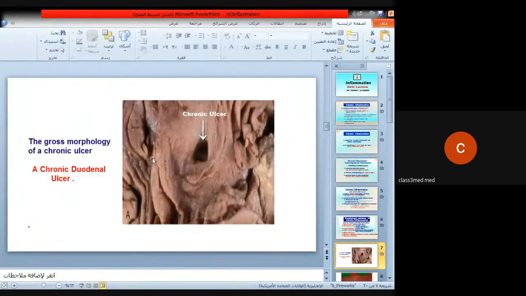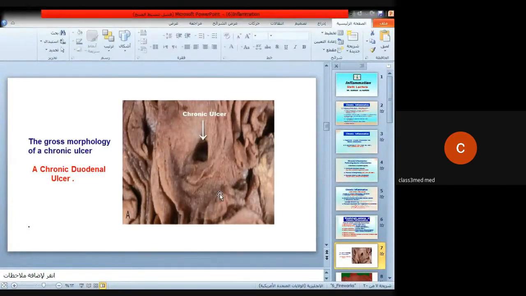This is the gross morphological pattern of a chronic peptic ulcer or chronic duodenal ulcer. This is the ulcer, and we define ulcer as a local defect in the mucosa or in the wall of the duodenum. This is the duodenum and this is a duodenal ulcer.